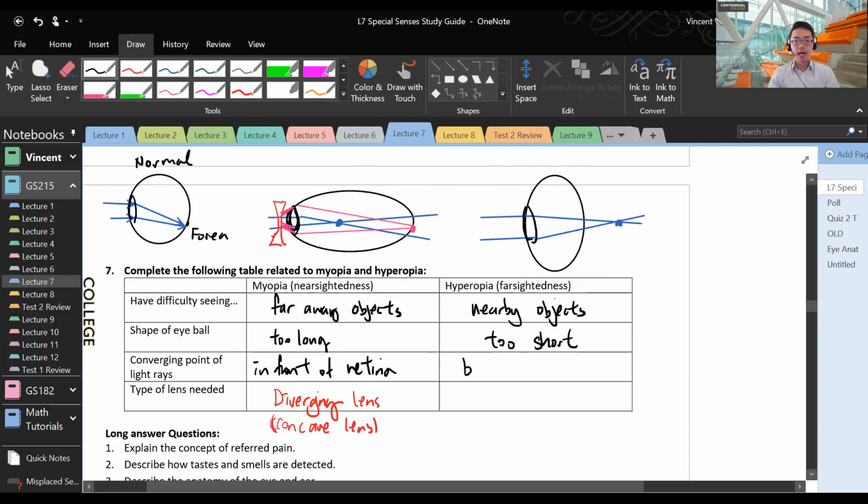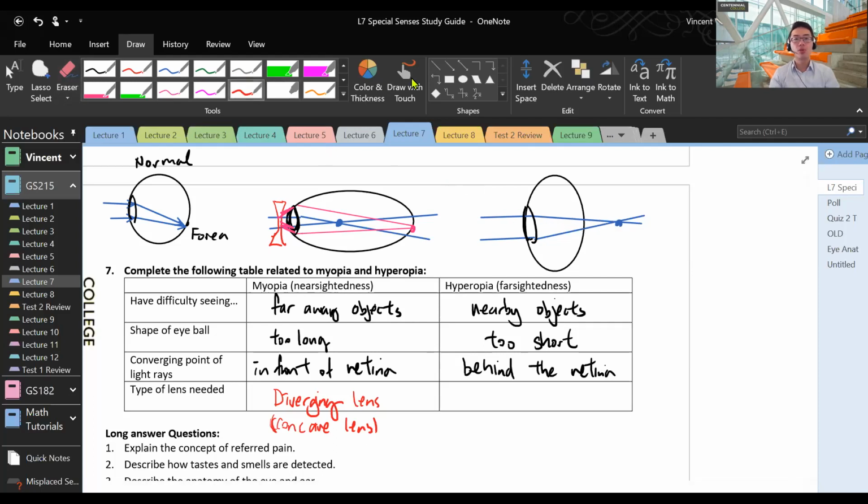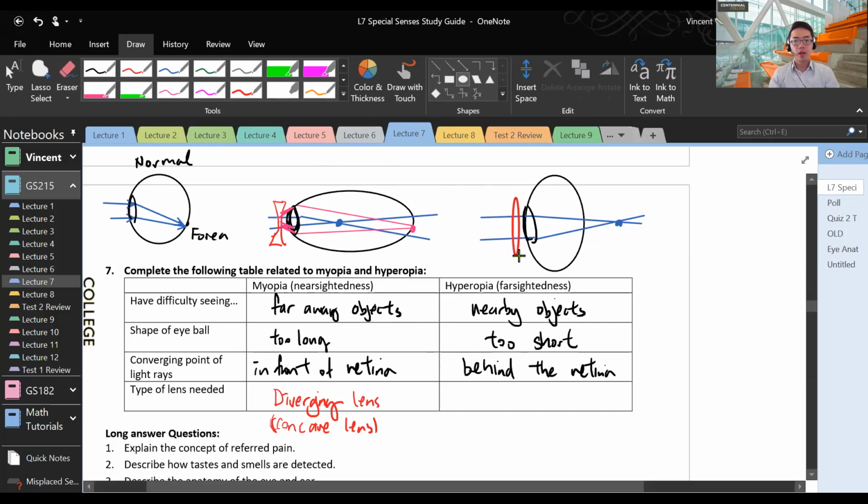The convergence point is behind the retina. To fix this, you want the rays to come together sooner rather than later, so you're going to wear a converging lens.